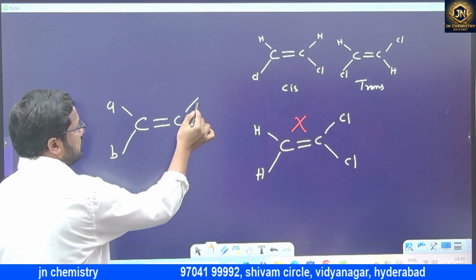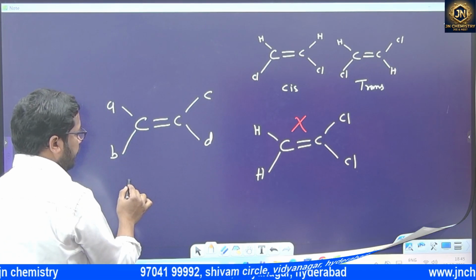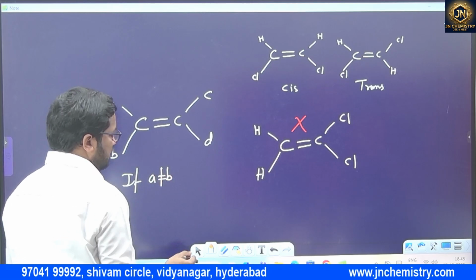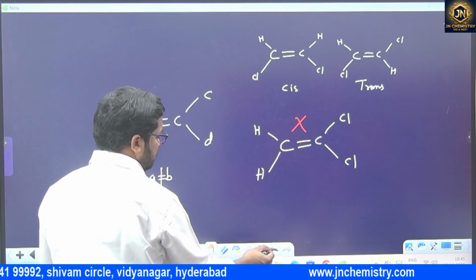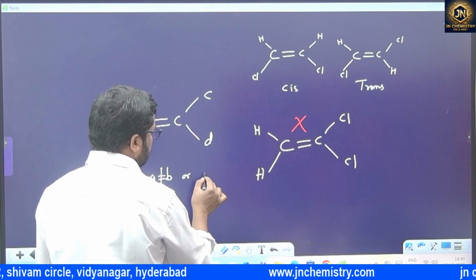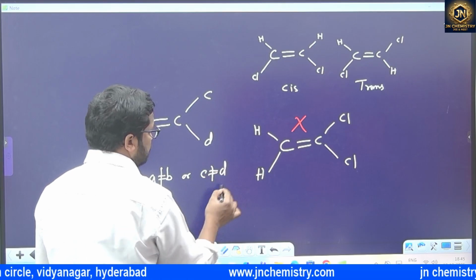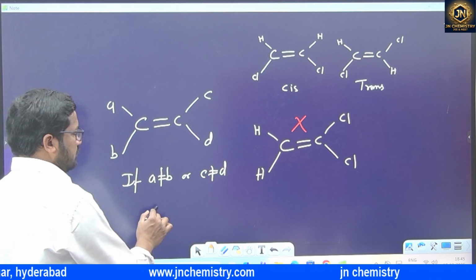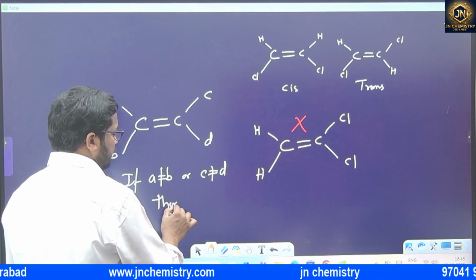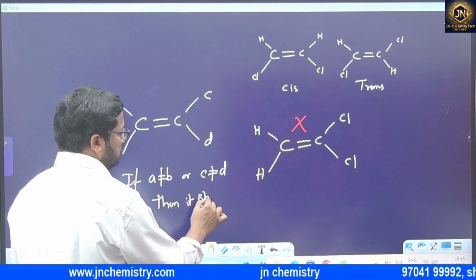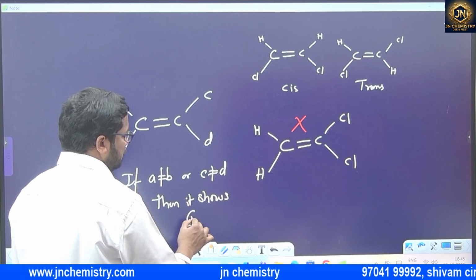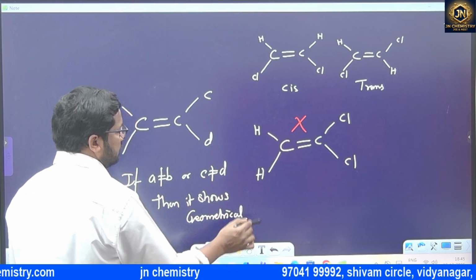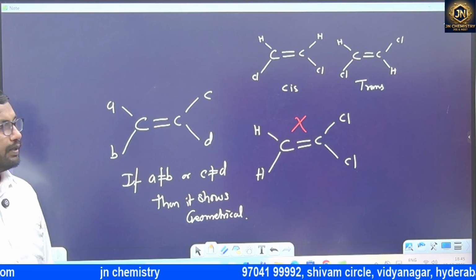For A B C D, if A is not equal to B or C is not equal to D, then only it shows geometrical isomerism.